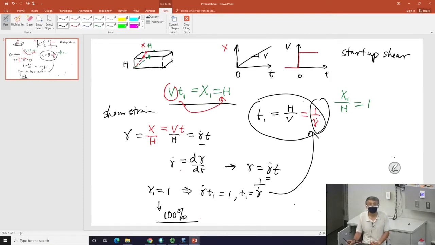But I never truly appreciated that it is a very specific time scale, the time it takes to make 100% deformation, right? I proved it.